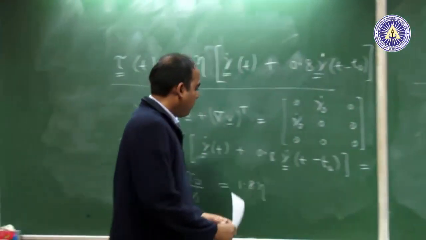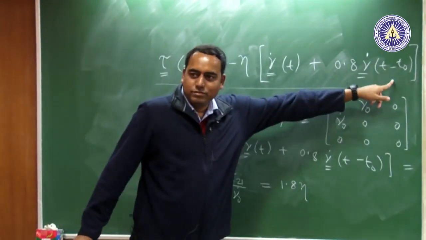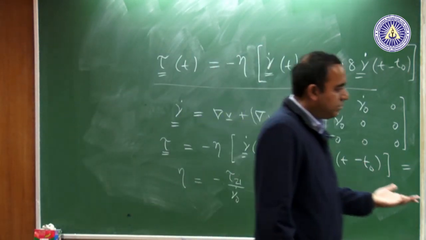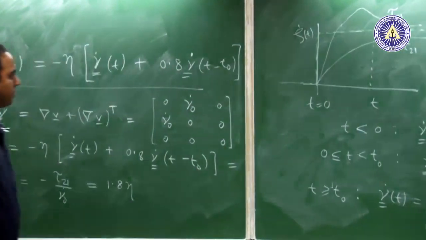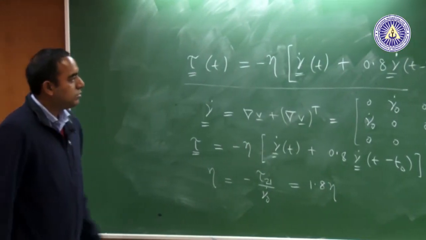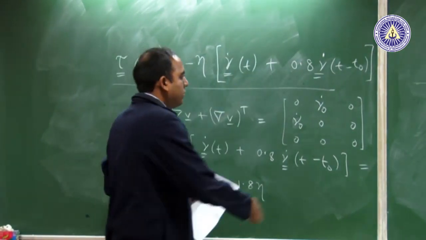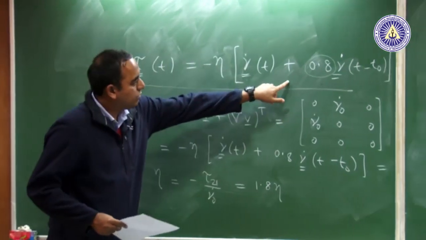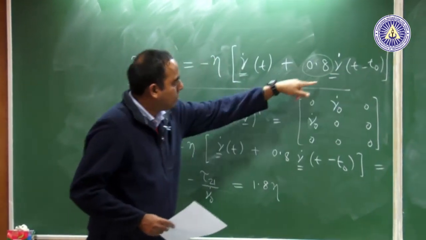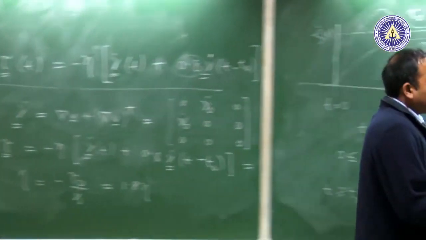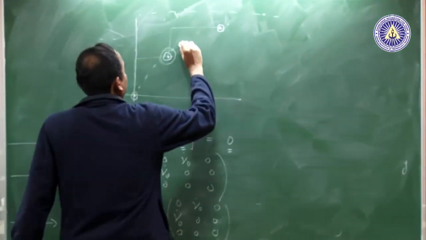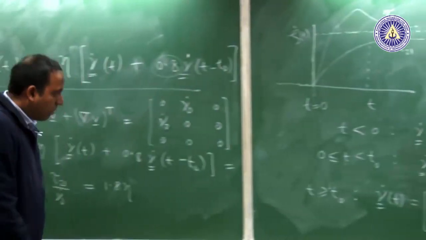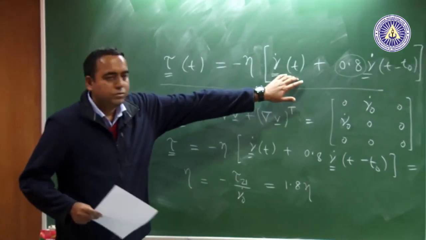Now, conversely, if you had infinite such memory terms, because memory cannot be limited to just one past value of time, there can be an infinite number of memory terms, each with its own weight, and we will have the notion of fading weights. Once we have such a memory equation with infinite terms with fading weights, what we can expect is this sort of a curve coming out, and this does come out for a memory fluid which has infinite terms here.